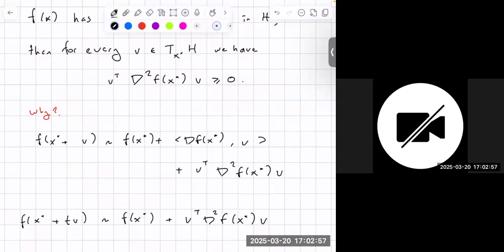And I'm trying to check if there's any V which makes the left side smaller than this one. If this is a local min, this is the smallest. So everything here should be a positive number, right? That's basically why this behaves like a positive number, and that's the condition. As you see, Taylor gives you almost everything you need in optimization. So these are the two conditions of optimality. If the first one didn't do the trick for you fully, you can go for the second one.